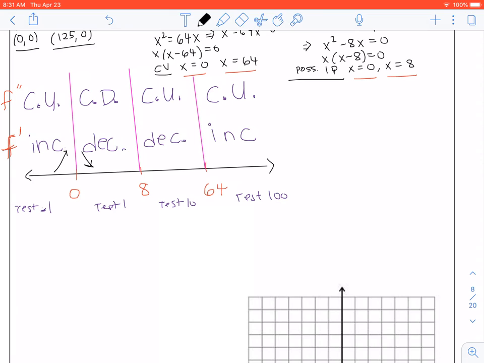And then it changes again down here at 64 from decreasing up to increasing. So we have a local max at 0, f of 0. And we'll figure out that value. And we've actually done that already. So we have a local max at 0, 0.